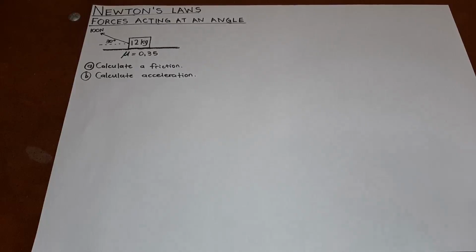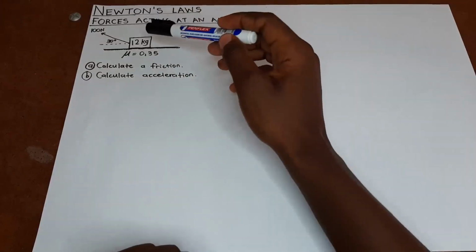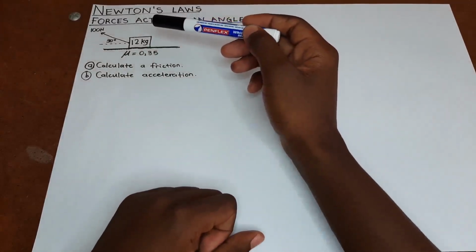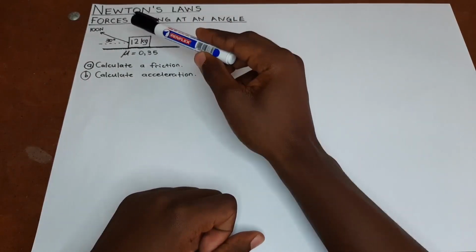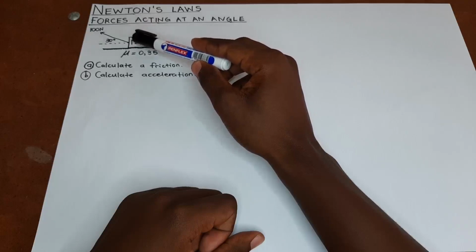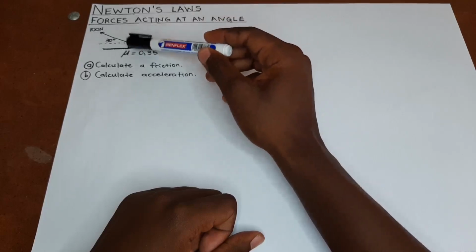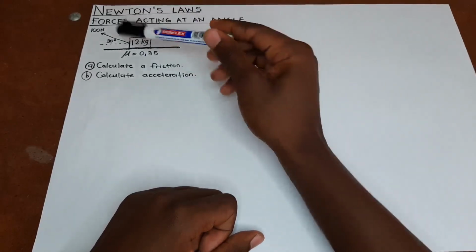In this situation we have a 12 kg block that is moving on a surface where friction is present.